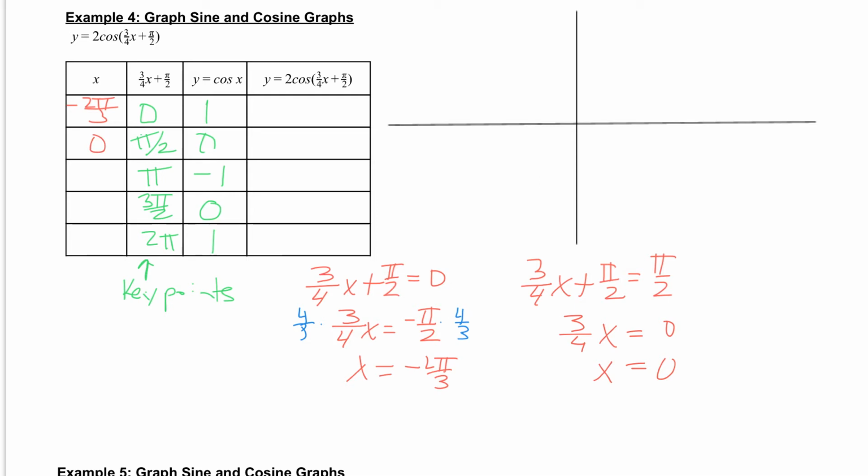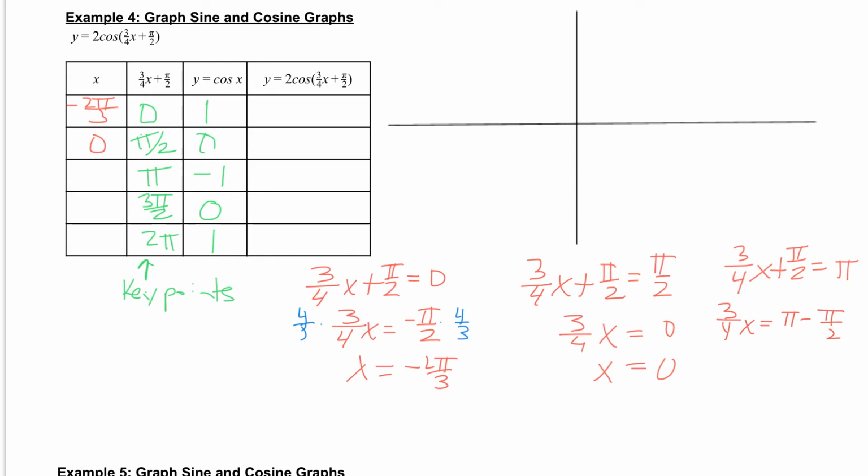Then I'm going to go ahead and take that 3/4 x plus pi over 2 and set it equal to pi. When I do that, I'm going to start by, again, subtracting the pi over 2 from both sides. When I do that, I get 3/4 x equal to pi minus pi over 2. And I need common denominators here to subtract.